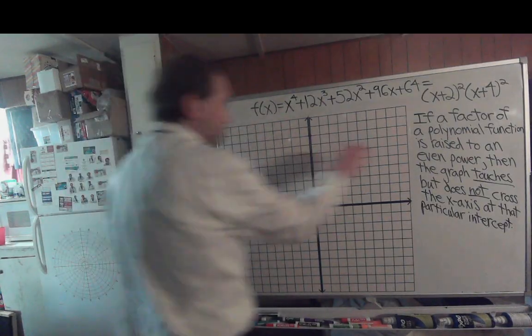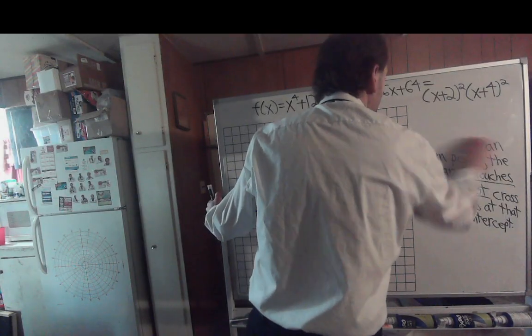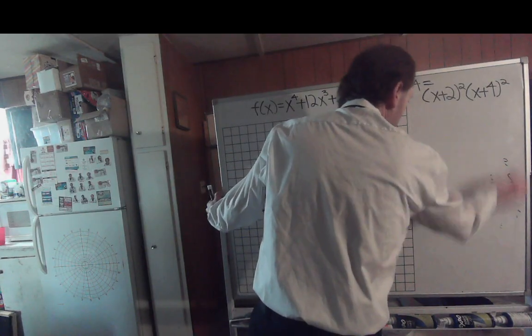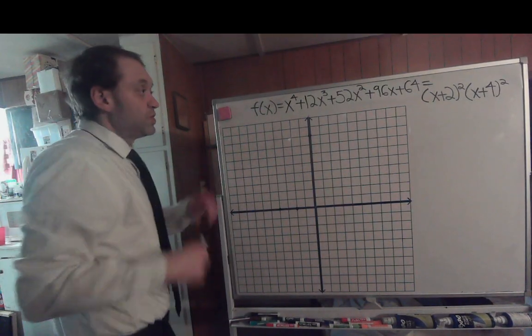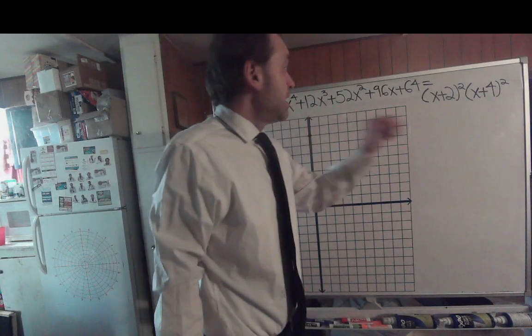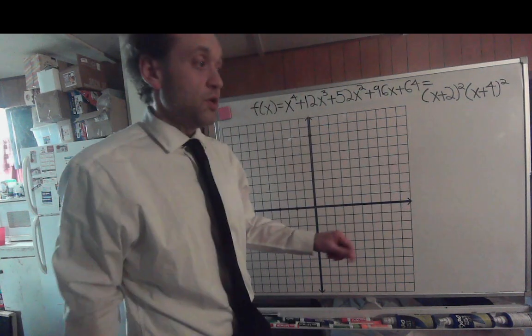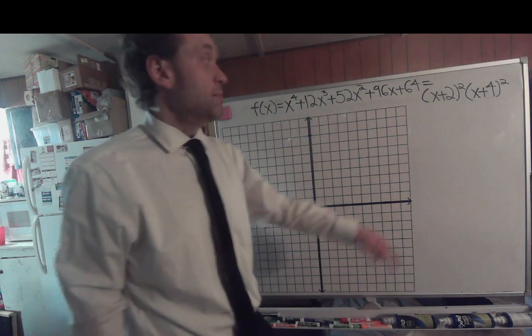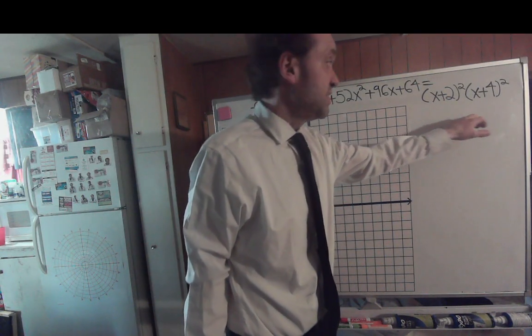Alright? And then of course we got to talk about the number of turning points there are in order to get the full picture. Well, notice something. It looks like only 2 zeros, but each factor is raised to the second power, meaning each of these is actually 2 of the zeros.